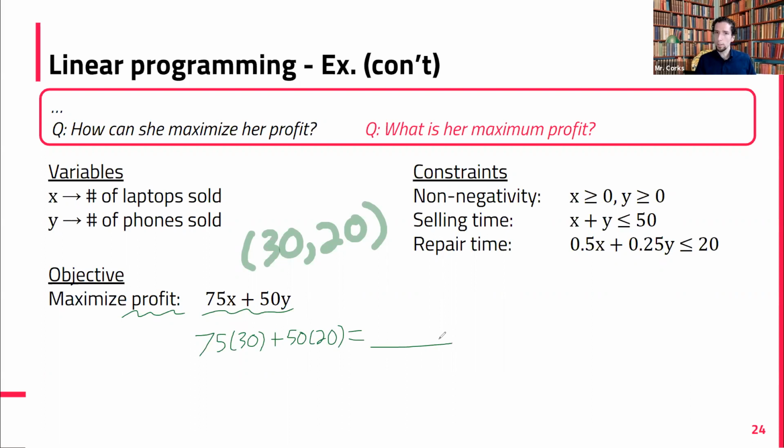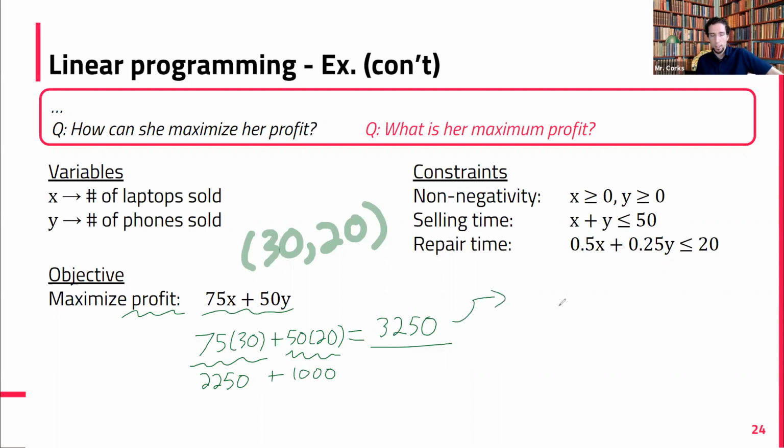I think it's a little bigger than that. 3,250. So that's a 1,000 there. 75 times 3 is 225, so add a 0, 2,250. Add them together and we get 3,250.